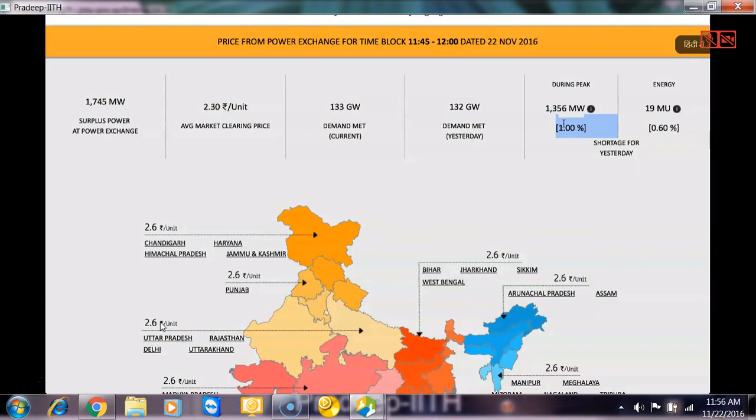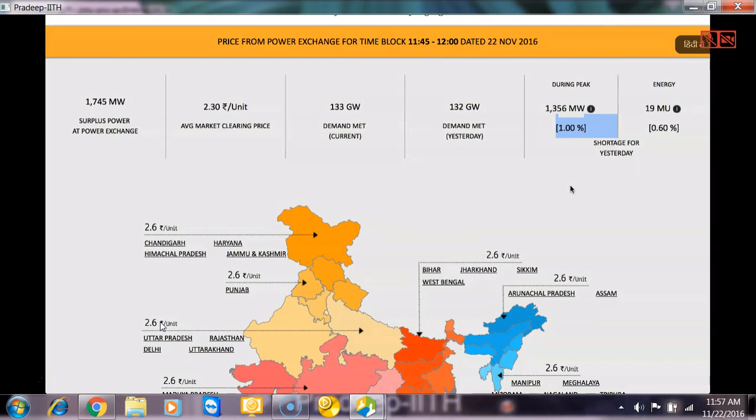So what is the shortage of India yesterday? It was only 1%. Because this is winter season, the shortage is not very high. It is just 1% or so. But if you look at the same website sometime in the summer season, you can expect a lot of shortage.